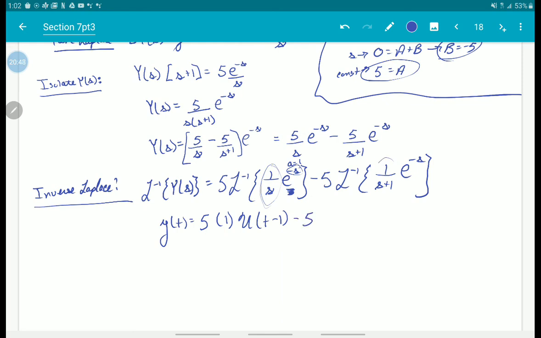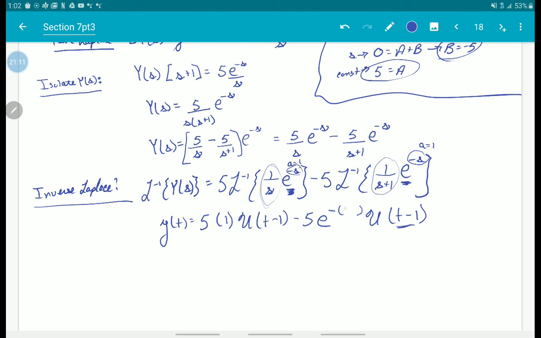Here, focus on this. That's e to the negative t. a is 1 again, coming from this exponent. This tells us there's a unit step attached. It's going to be t minus a. Our a is 1.